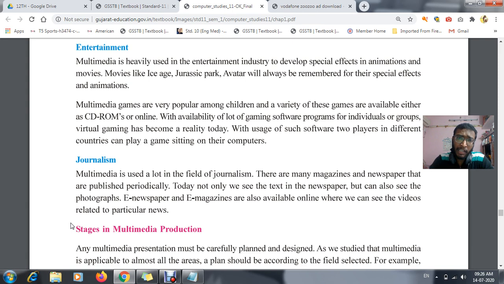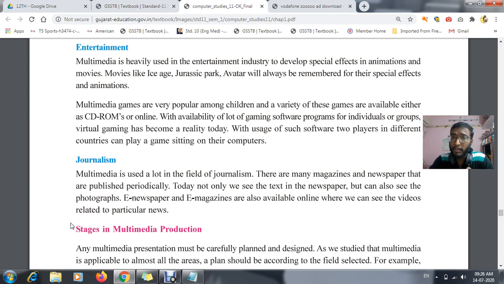Do you think there is really a sun behind that particular news reporter? No, it is not possible. What they use are many animated videos, graphics, or other videos just to present it in an attractive way. This is the best example of multimedia in terms of magazines and news.